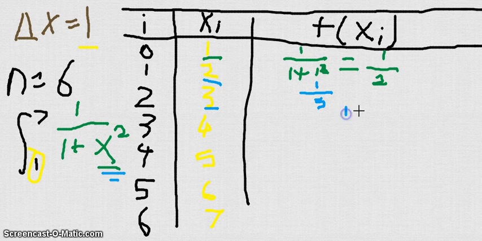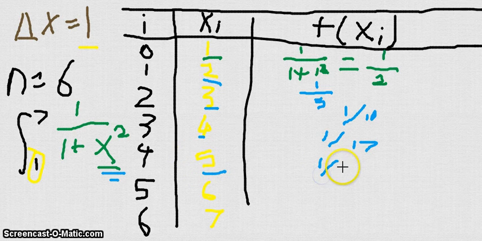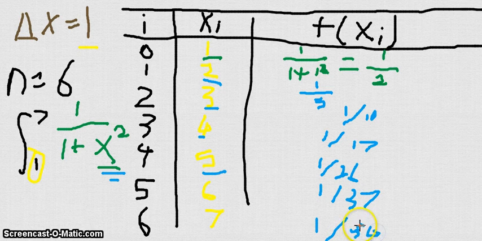We get 1 over 10. 4, we get 1 over 17. 5, we get 1 over 26. 6, we get 1 over 37. And 7, lastly, we get 1 over 50. Now, we have the table.